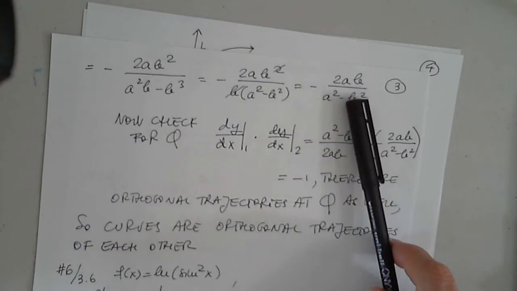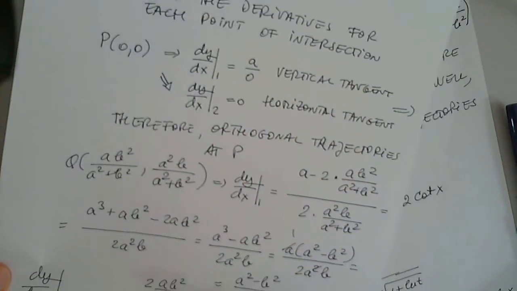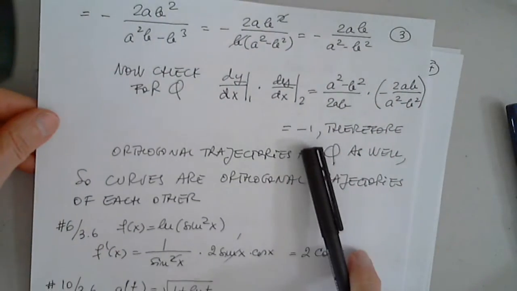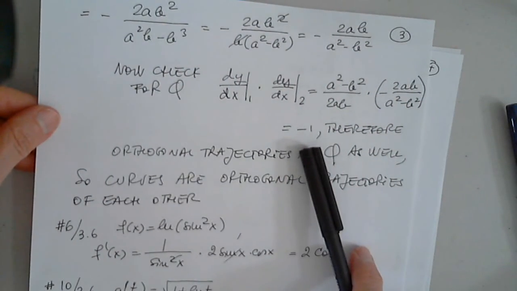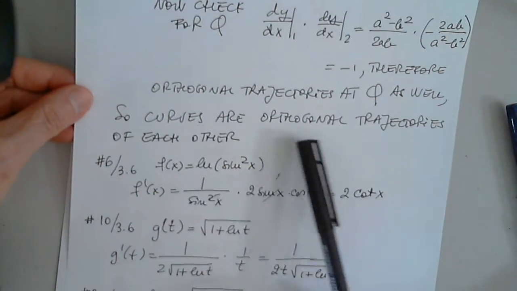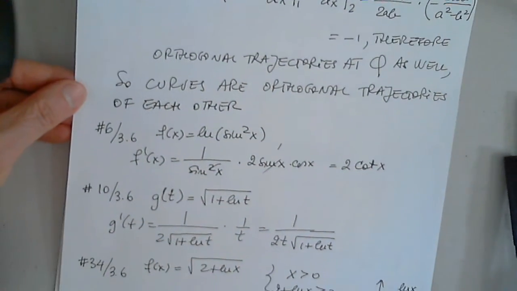So I multiply this by the first slope, a squared minus b squared over 2ab, and it turns out that I got the product of -1. Therefore, orthogonal trajectories at Q as well. So the curves are orthogonal trajectories of each other. I tested at all points of intersection.